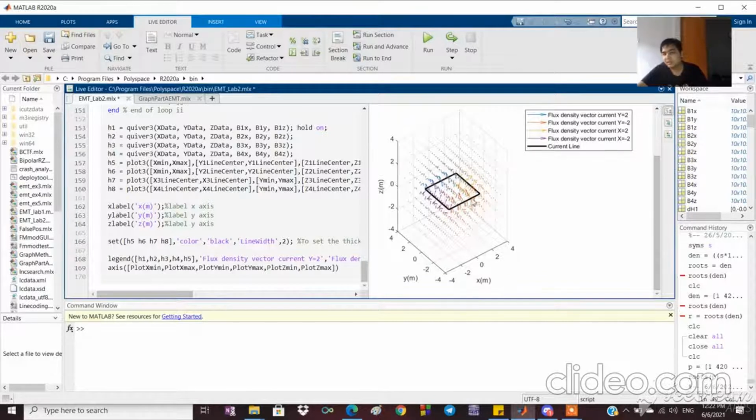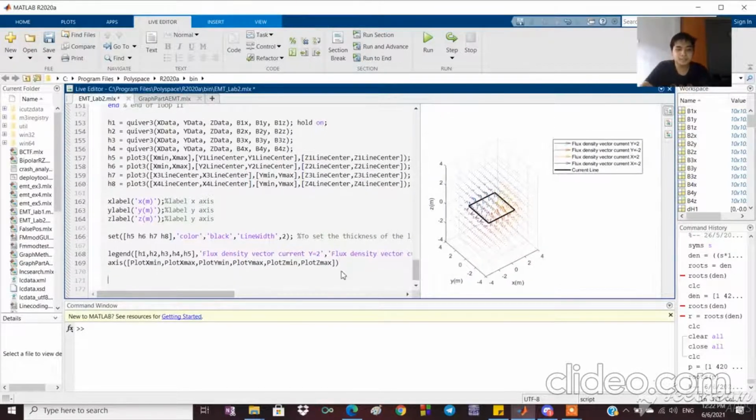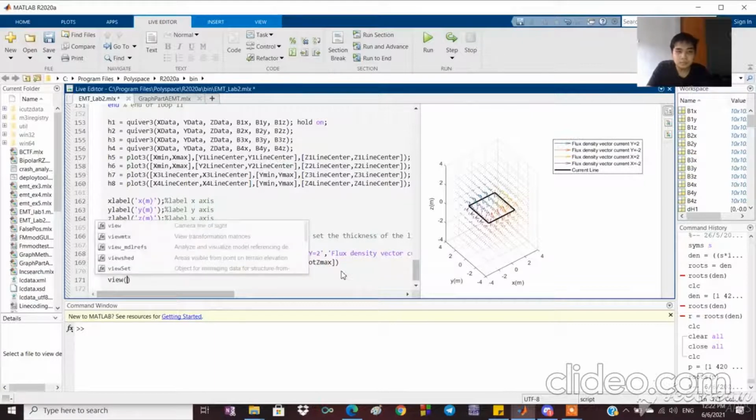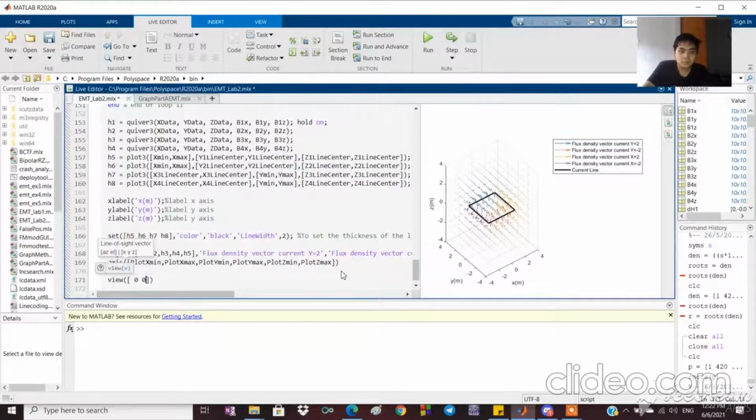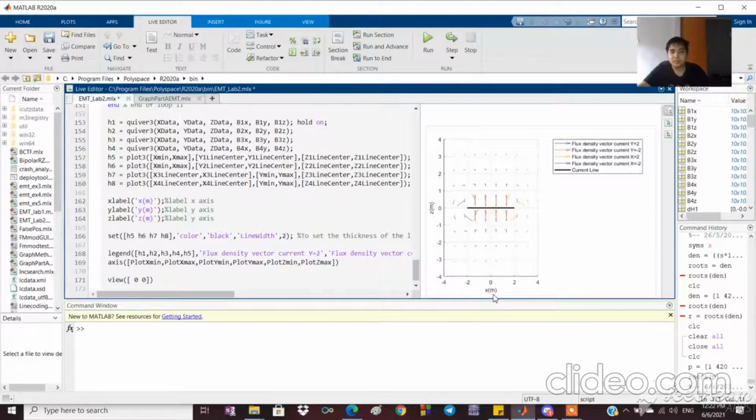The vector lines for the magnetic flux density are barely visible, but if we change the view, for example here to the XZ view, we can see the rotation of the magnetic flux density at lines x equals 2 and x equals -2.